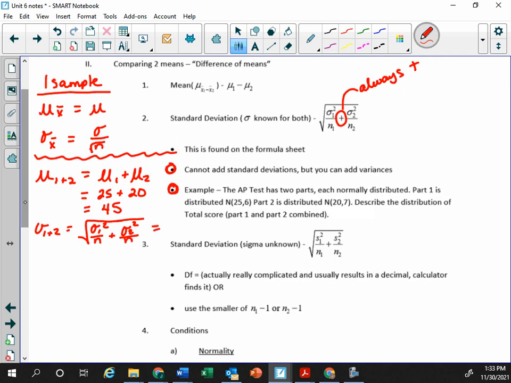We'll go sideways. So our first standard deviation was 6, so I'd do 6 squared. We don't really have a sample size, so we're going to say it's one test is what we're looking at. And then the other standard deviation was 7. And so we get a lovely square root of 36 plus 49. The square root of 85 is your actual standard deviation of that distribution.